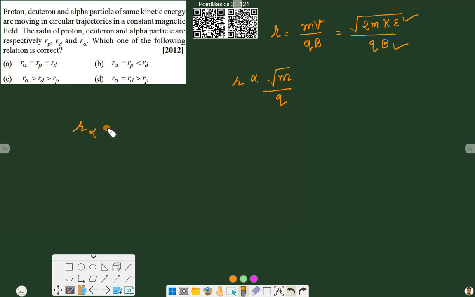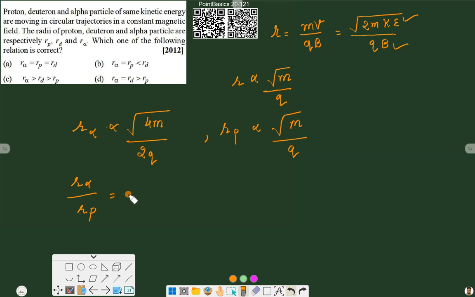R of alpha will be proportional to the mass of alpha, which is 4 times that of the proton, and its charge is twice, because an alpha particle has 4 times the mass of a proton and twice the charge. The radius of the proton will be proportional to its mass m and its charge q. Now comparing both, R alpha by R of p, we will have root 4m by 2q over root m by q.